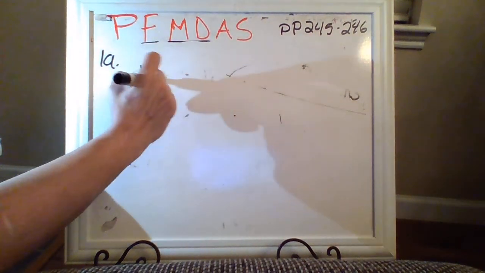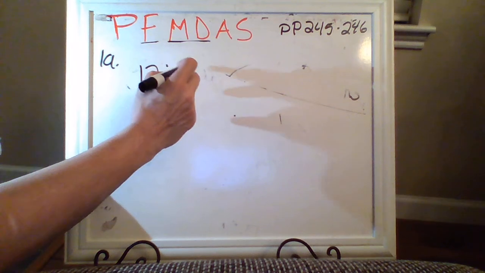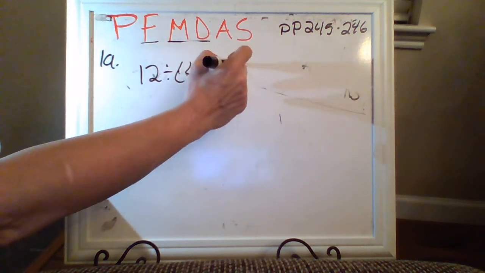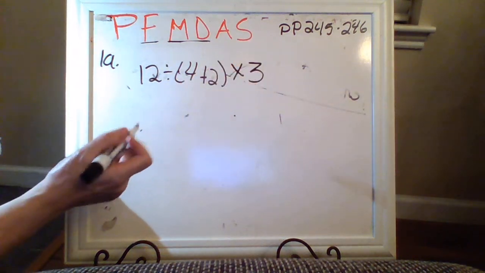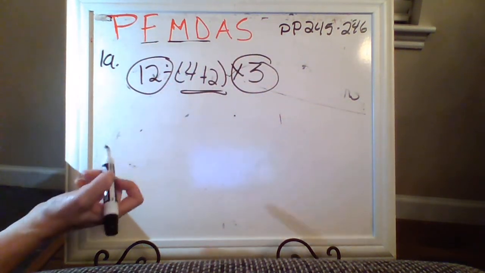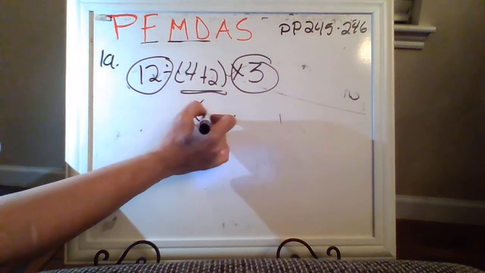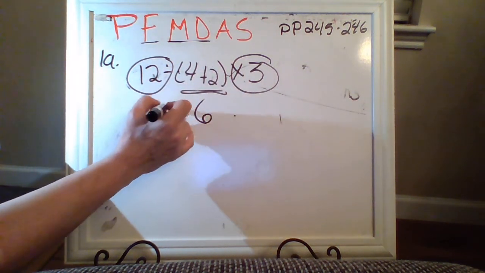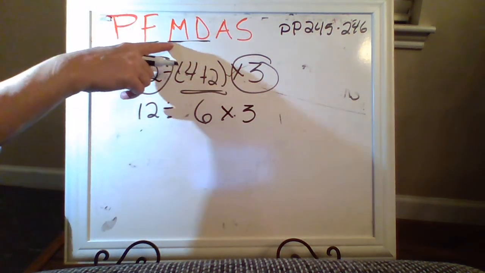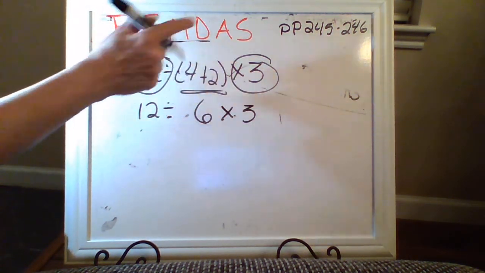1B is 12 divided by (4 plus 2) times 3. These two I can't use yet because I have to do this first. So 4 plus 2 is 6. So I have 12 divided by 6 times 3. Now I know multiply comes first up here, but remember these are together.